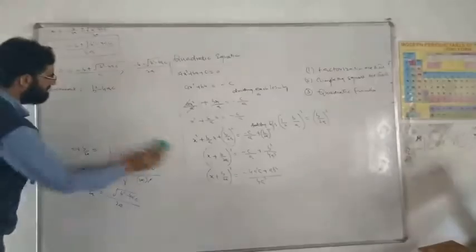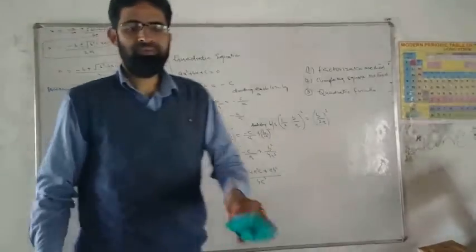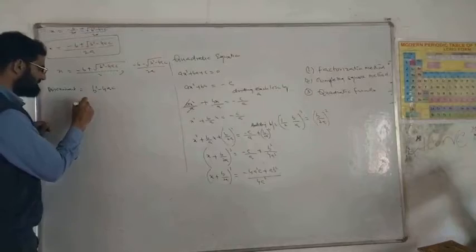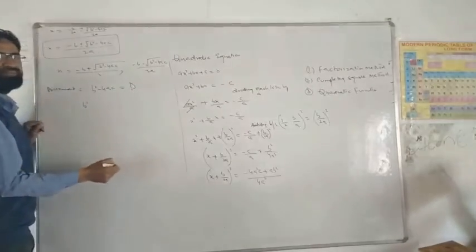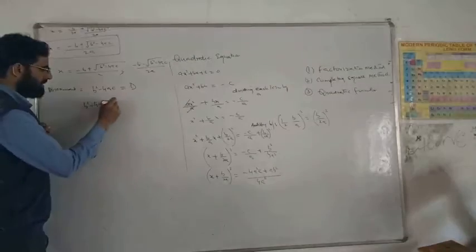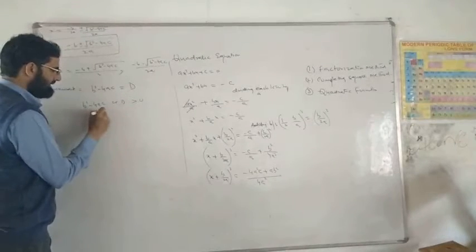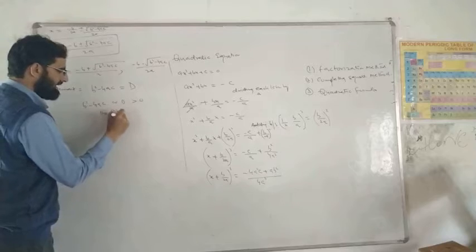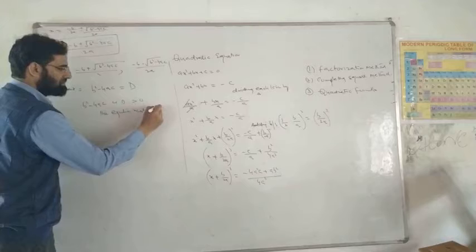And this b square minus 4ac, usually we represent this by D. If this b square minus 4ac, or D, is greater than 0, then the quadratic equation has real and unequal roots.